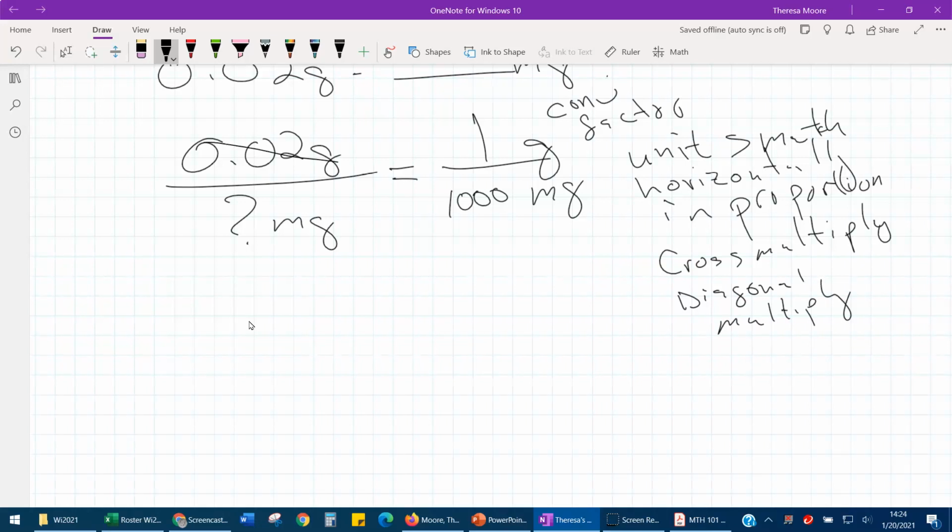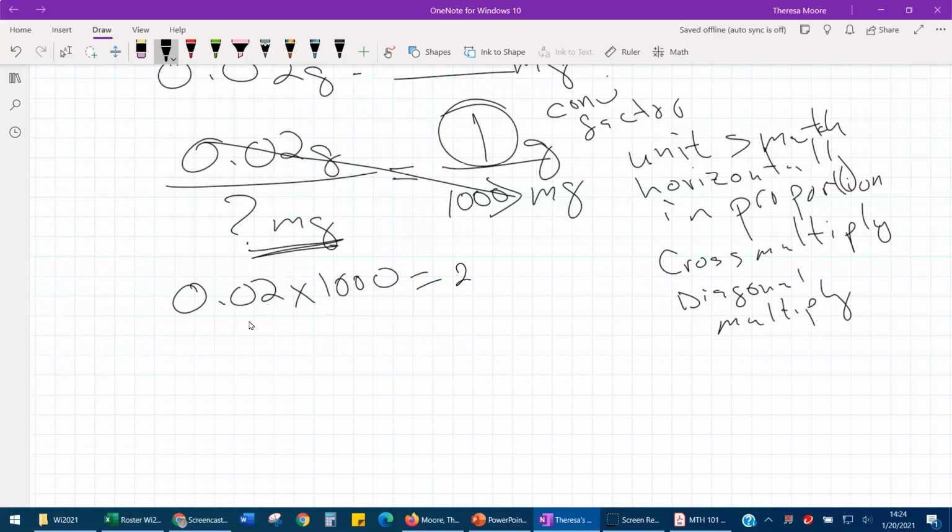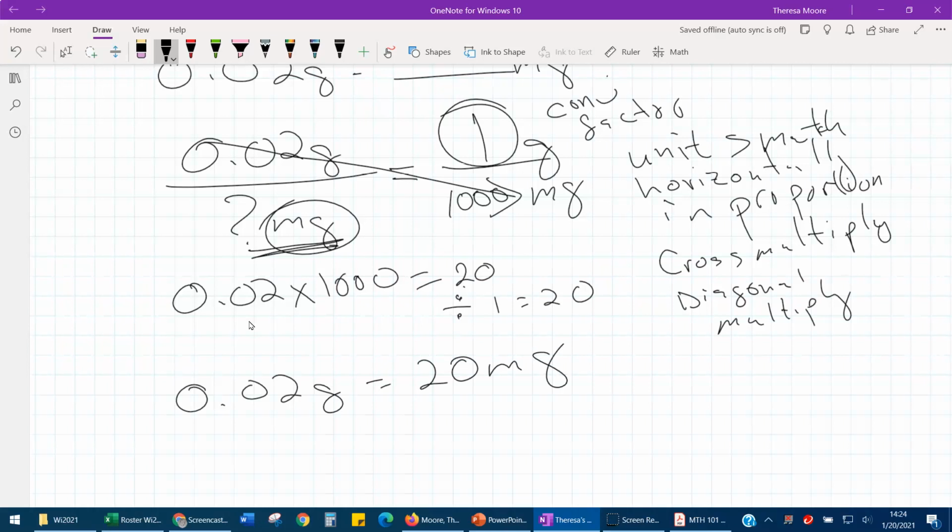So we would take the 0.02 times 1,000 and divide by 1. And when you're doing it the proportion way, you disregard your units because you know what unit you're looking for. 0.02 times 1,000 gives me 20. 20 divided by 1 is still 20. And we know we're looking for milligrams. So 0.02 grams equals 20 milligrams.